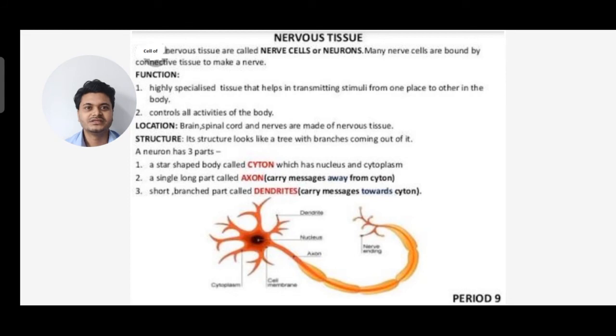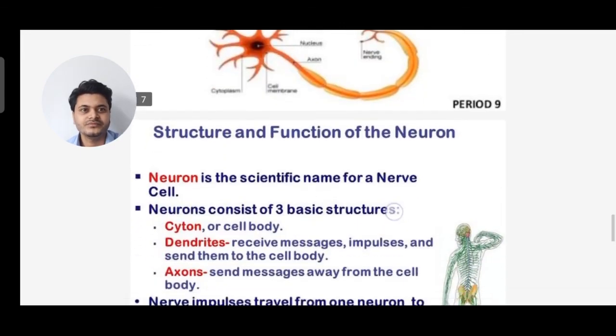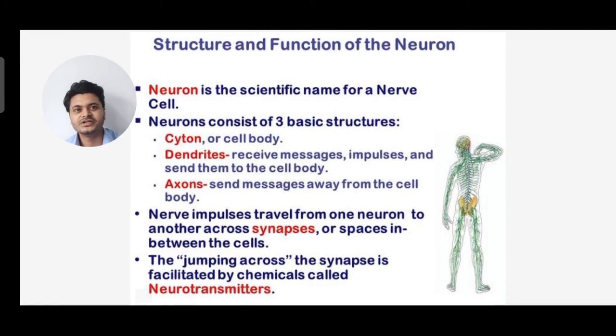You can see the parts of a neuron are cyton, axon, dendrites. Dendrites carry messages towards the cyton, and axon carries messages away from the cyton. Now you can see the functions of neuron. Neuron is the scientific name of nerve cell.